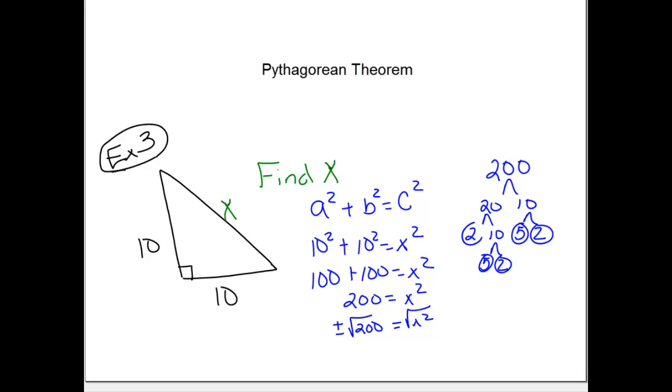And since we're squaring, you're going to group them in twos. So we have 2 5s and 3 2s, but we're grouping in twos. So 5 times 2 is 10, and we have 2 left over, so that's the square root of 2. So x is equal to 10, the square root of 2.